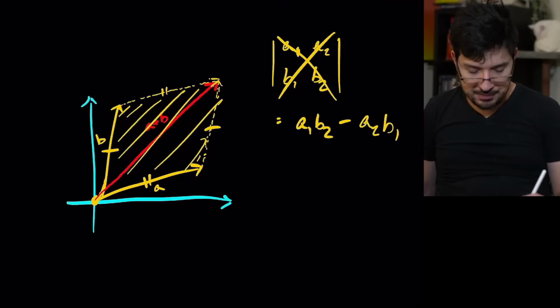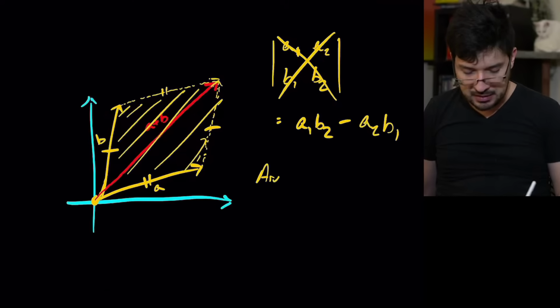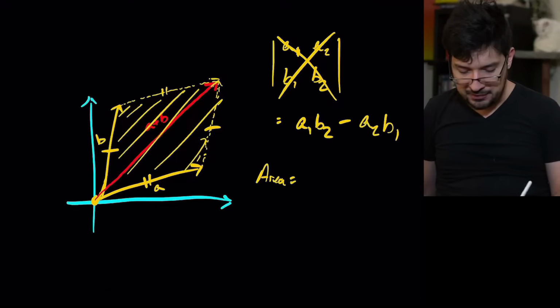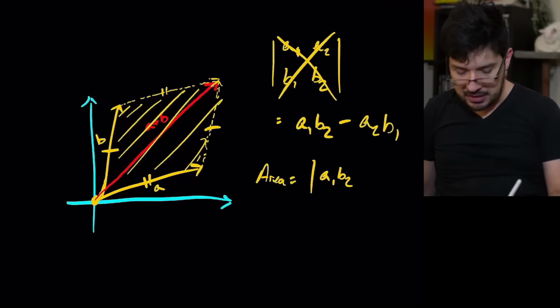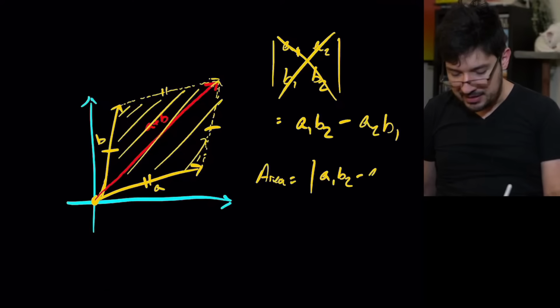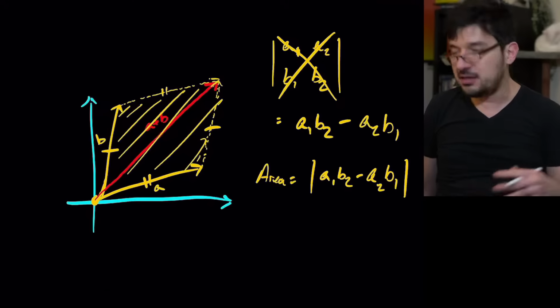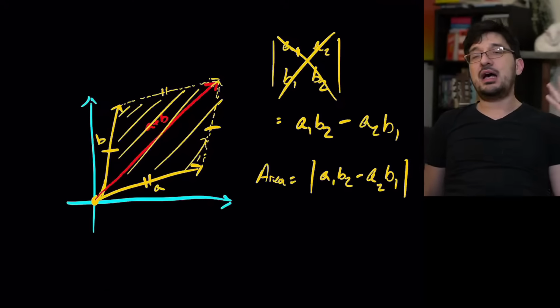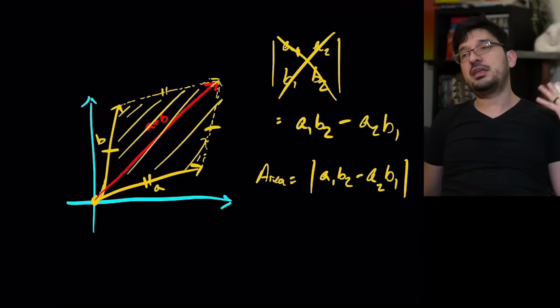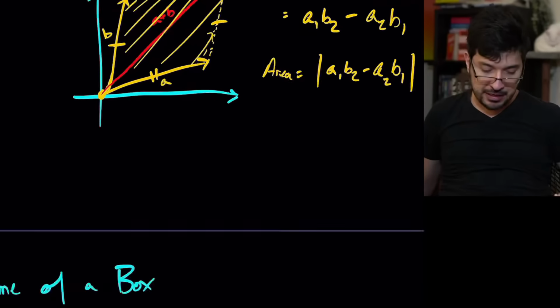This number can be negative, so the area is the absolute value of this thing, right? So the absolute value of that number is the area of that parallelogram.